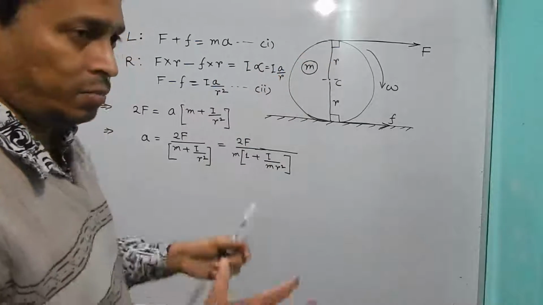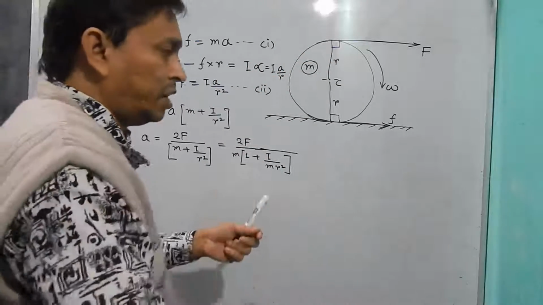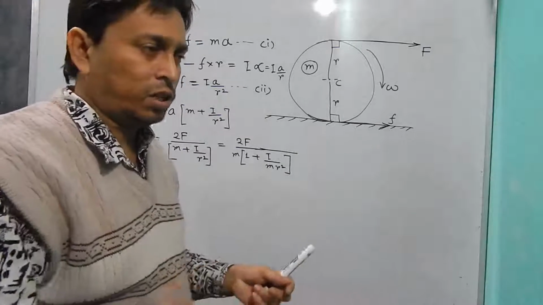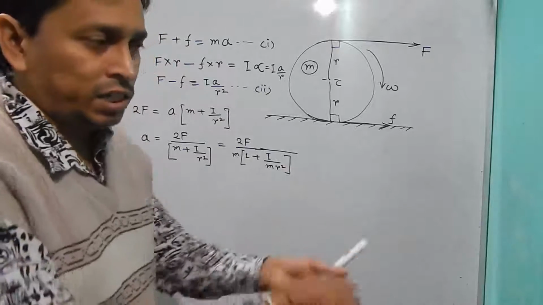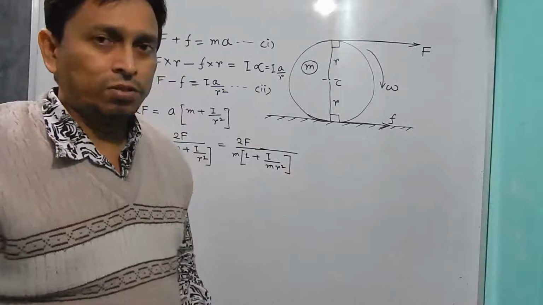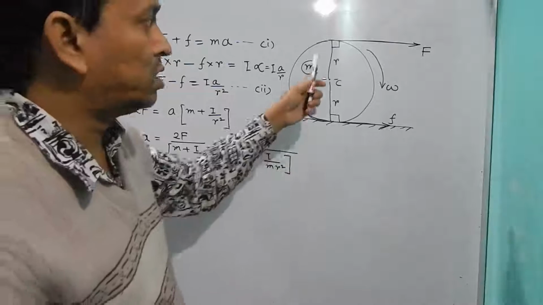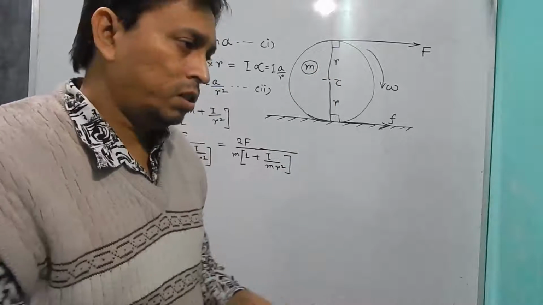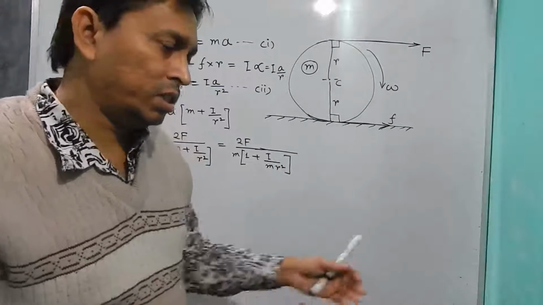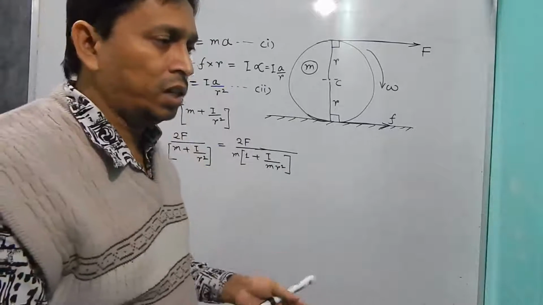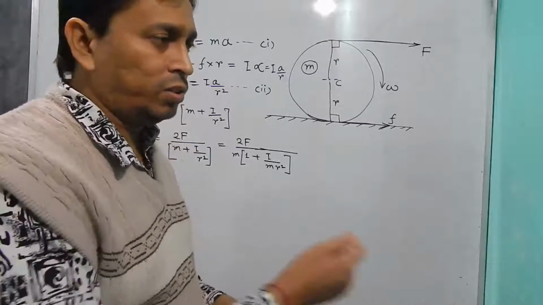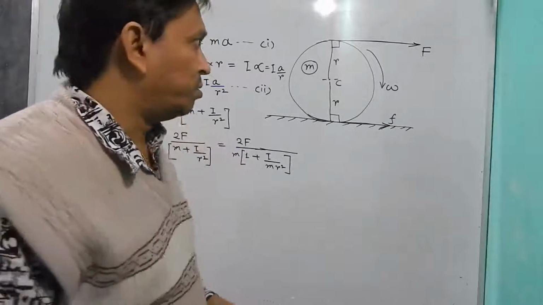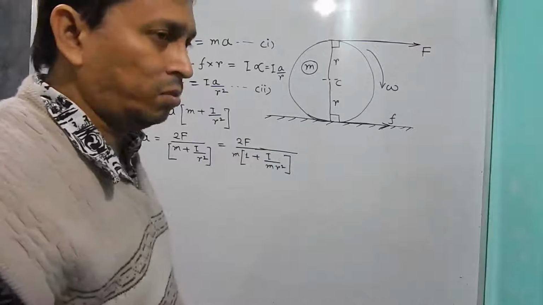So in case of heavy loads, we first wrap this rigid body, that means a cylinder or something, and then we give tangential force. In industry this type of force is applied when we want to move a heavy body, a heavy cylinder or say a drum. Then we wrap it with a rope, and give tangential force such that the acceleration becomes double.